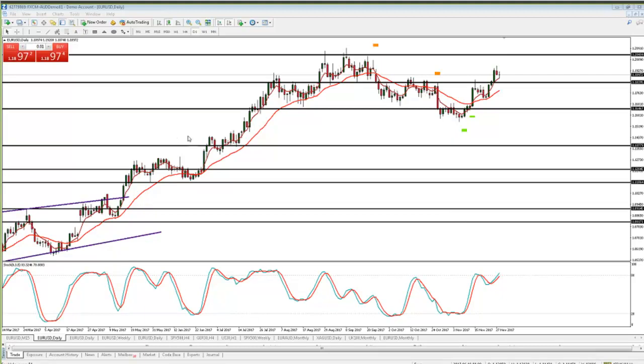Weekly R1 is at 2020, and last week was a pretty big range on the euro, so the pivots are a little bit wider this week. Remember that pivot points are calculated on the previous week or previous month. If the range on the previous week is crazy wide, then the pivots will be affected, their calculations.